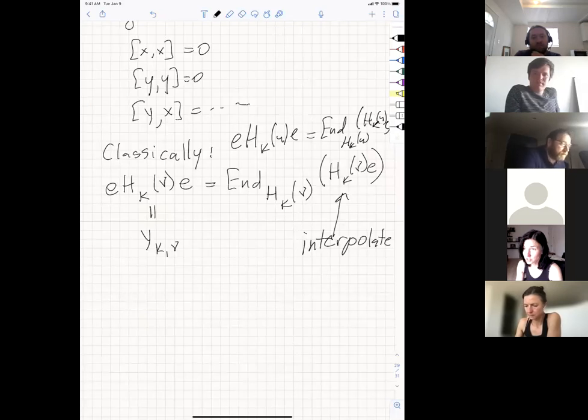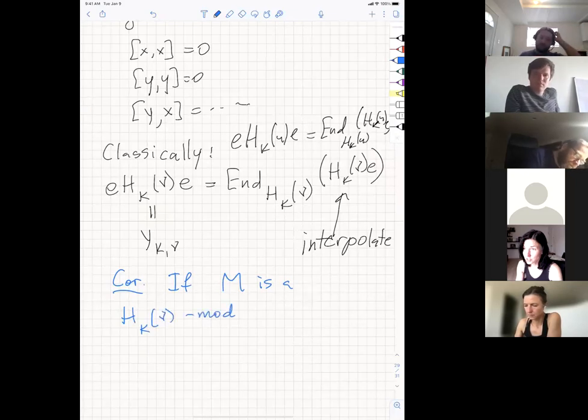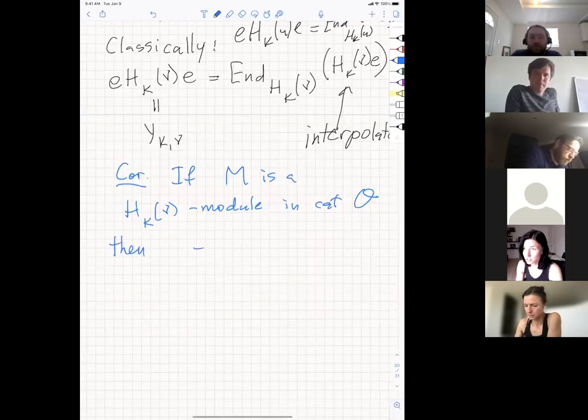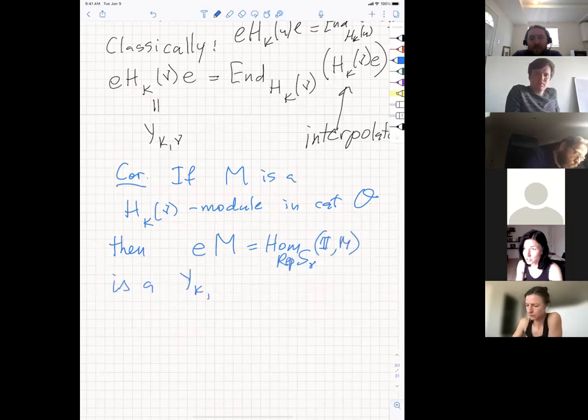So a corollary is that if M is an H_k(nu) module in category O, for example, then eM, which is Hom in rep S nu from the unit object to M, is a Y_k(nu) module.